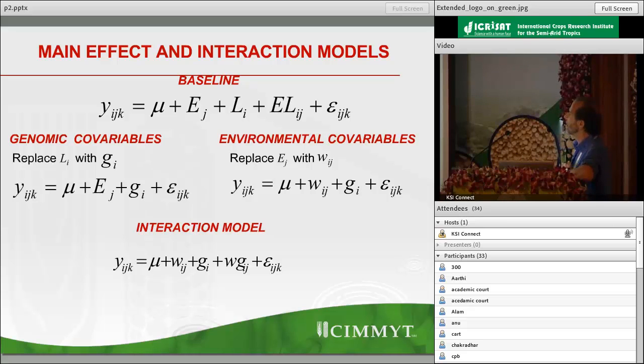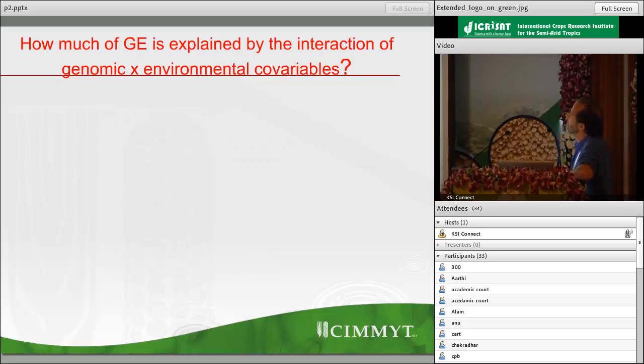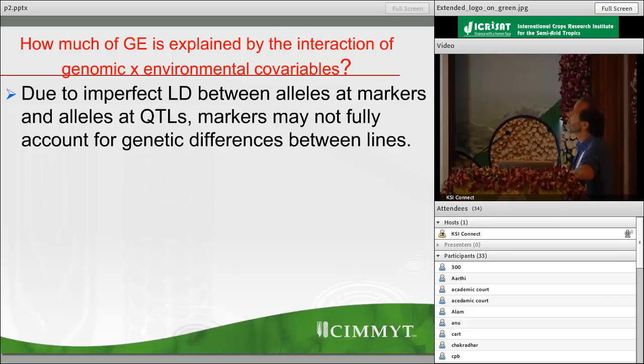Here, I'd like to say very clearly, we might have pedigree data or we might have genomic data. That's the same. Well, it's not the same, but we can introduce both as a substitute for the line. Okay? And now the question is how much of the G by E is explained by the interaction of the genomics or the pedigree and the environmental covariables.